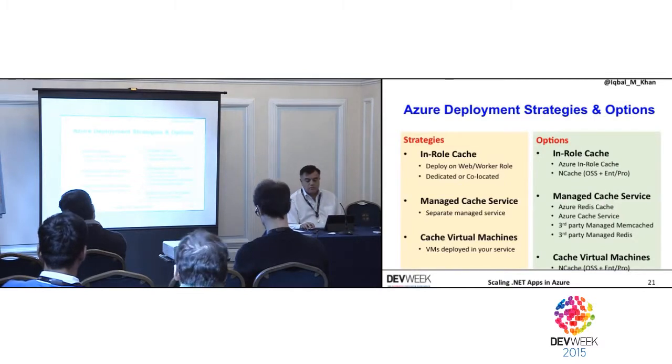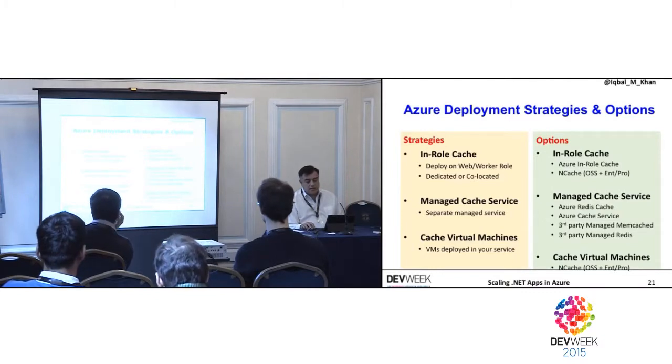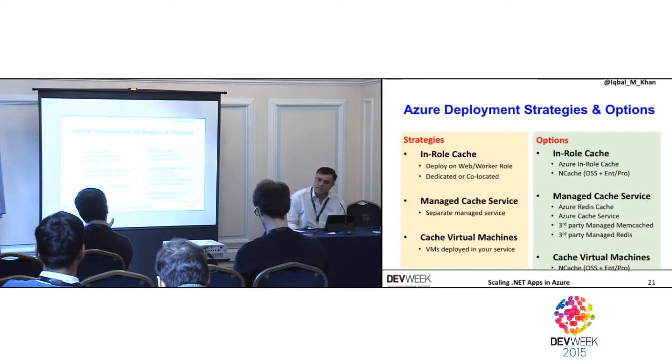And for the cache virtual machines, the only option that you have from what is there on Azure is NCache. You could take your own, let's say, App Fabric or Memcached and install it yourself on these virtual machines. So technically, any on-premise distributed cache can be deployed on a virtual machine.